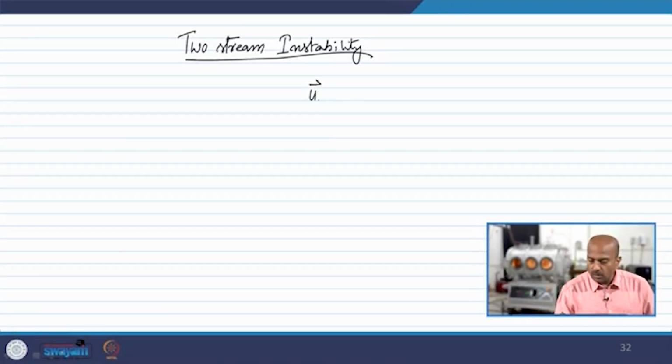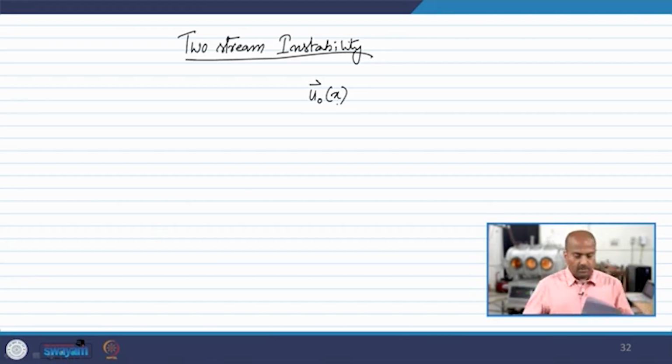We are talking about a situation in which they are drifting with respect to each other. So, for simplicity, the electrons, being lighter, will be given a velocity, let us say u naught, in the x direction, and we will assume that the ions, being heavier, are at rest. Okay. So, this is just an example.